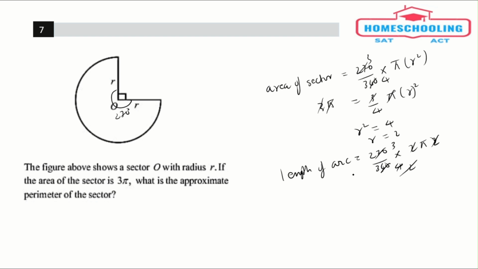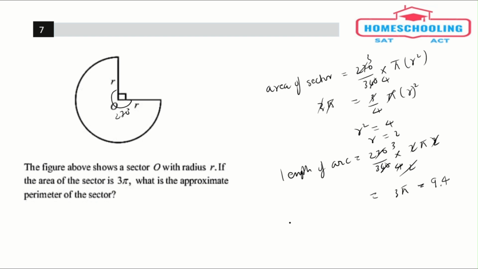So length of arc is 3 pi. Let's calculate 3 pi on the calculator: 3 into 3.14, that is almost around 9.4. So we know the length of this arc.